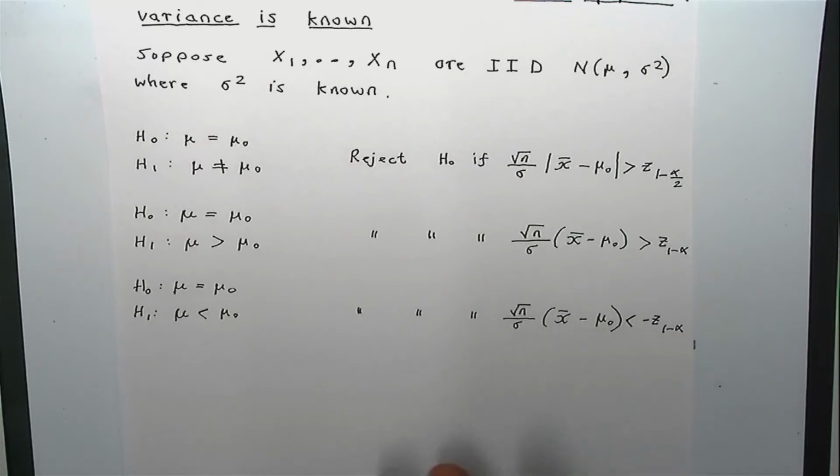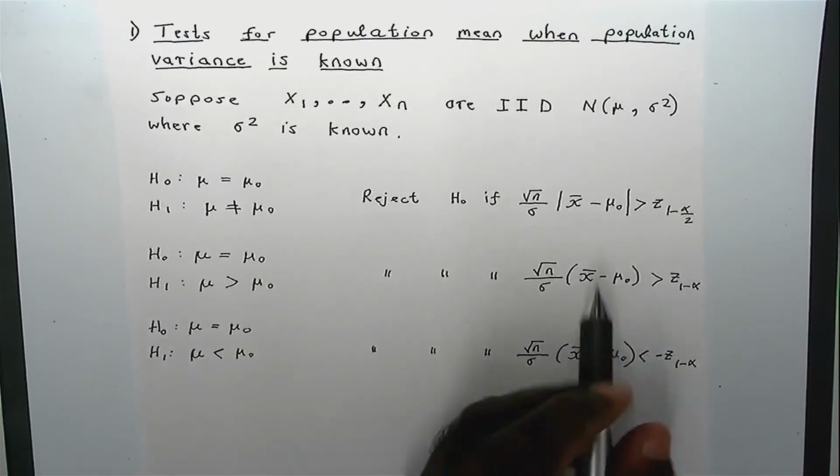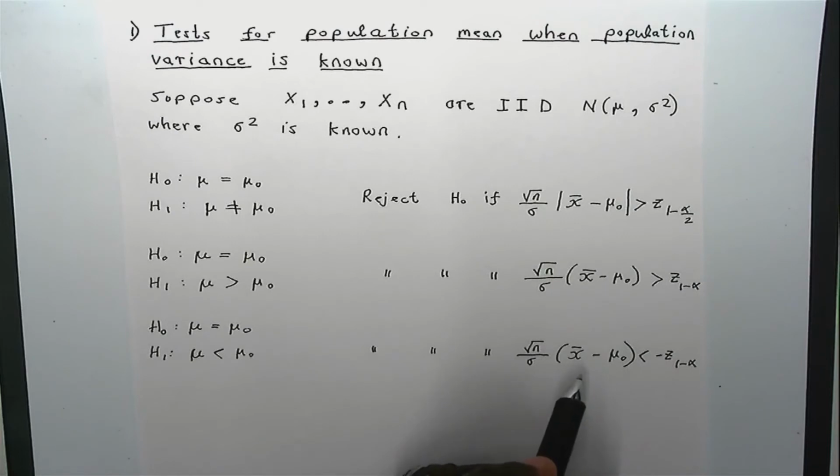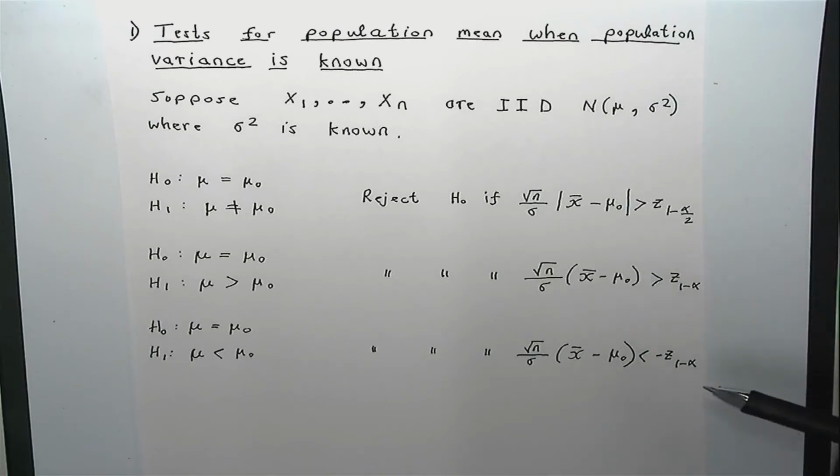Now, if you ask me where these rules come from, that's beyond the scope of this course. In semester 2 of year 2, you will take a course called Statistical Methods. In that course, you will learn how to actually derive these rejection rules.